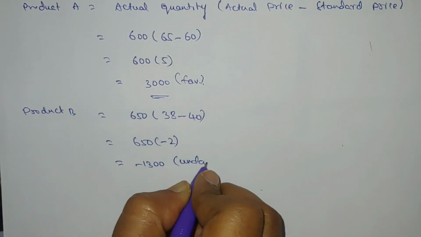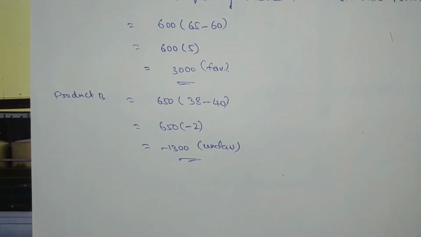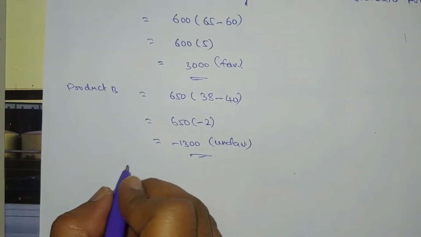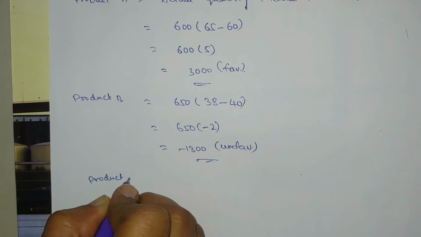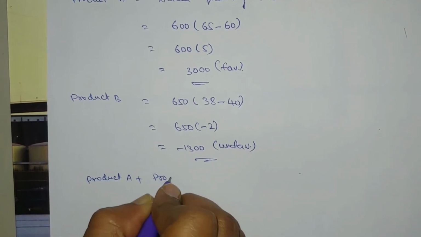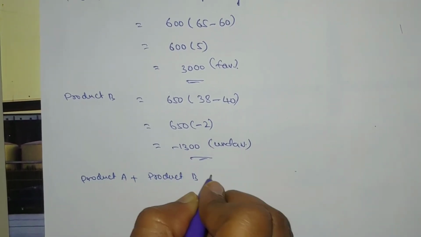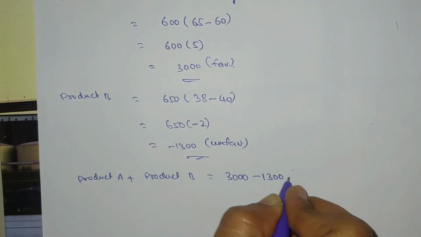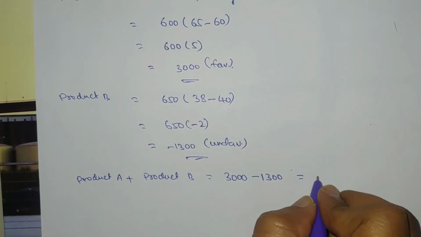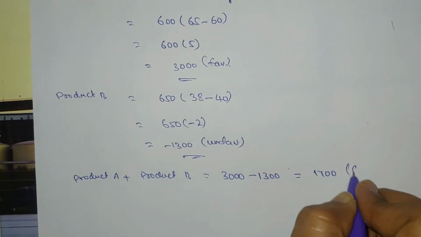It is unfavorable. Therefore, total sales margin variance due to selling price, product A plus product B, is equal to 3000 minus 1300, equal to 1700. It is favorable.